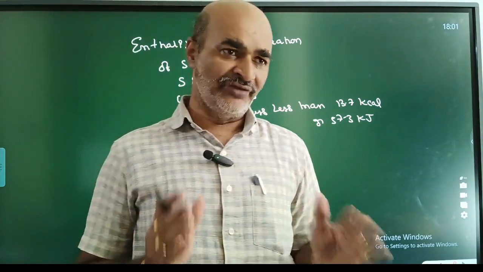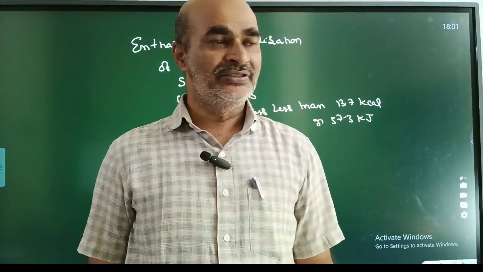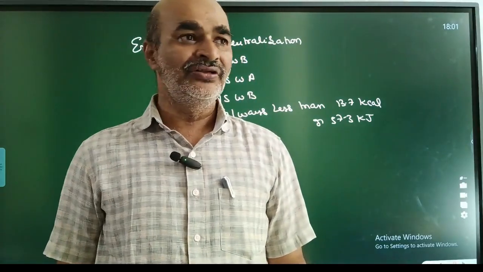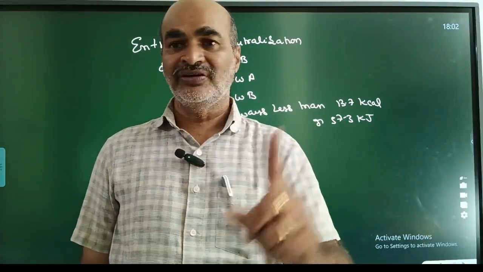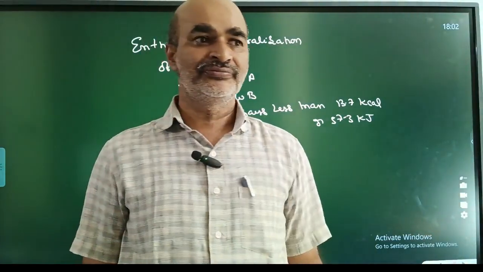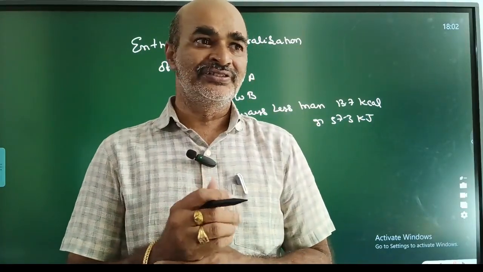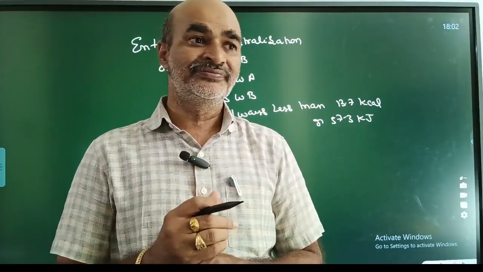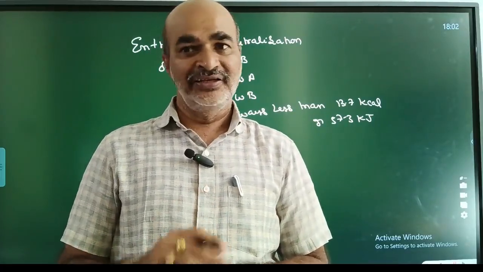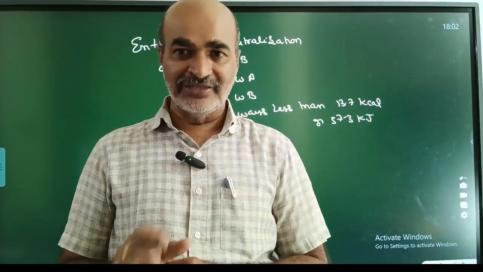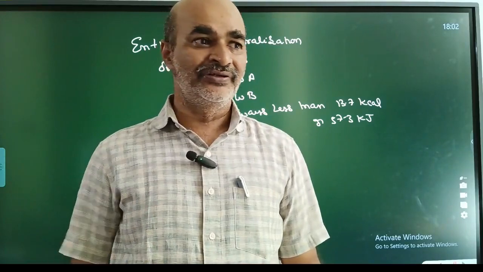Since these are weak, when you take weak acid or weak base, 1 mole of water is not formed directly, since they do not ionize completely. But in a balanced chemical equation, 1 mole of water appears.